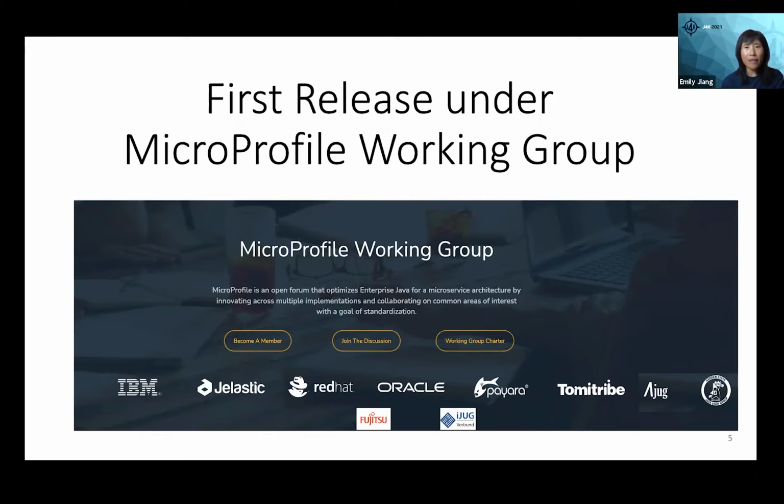So far we have 10 members supporting this MicroProfile working group: IBM, Elastic, Red Hat, Oracle, Payara, Tomitribe, and Fujitsu, among others. So you can see MicroProfile is broadly supported by the community and also by companies.